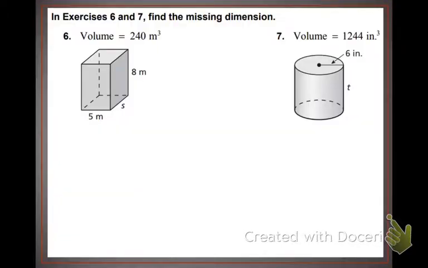All right, so finding the missing dimension. Here's what I want you to write. Whenever you're finding the missing dimension, or it says find the indicated measure, this is not anywhere in your student journal, so you can draw it off to the side. On page 336, you've got a bunch of blank space there.